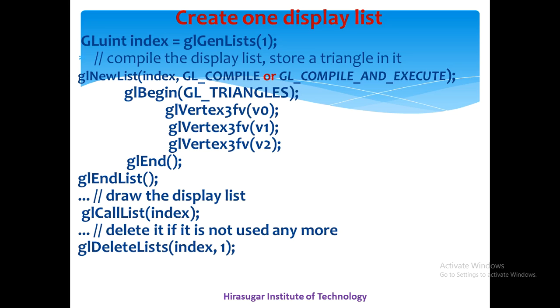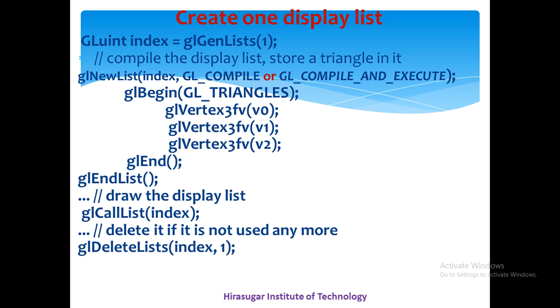Then the mode: GL_COMPILE or GL_COMPILE_AND_EXECUTE. You can create these display lists in two different modes. Either one you can use, GL_COMPILE or GL_COMPILE_AND_EXECUTE. What is the difference between GL_COMPILE and GL_COMPILE_AND_EXECUTE?